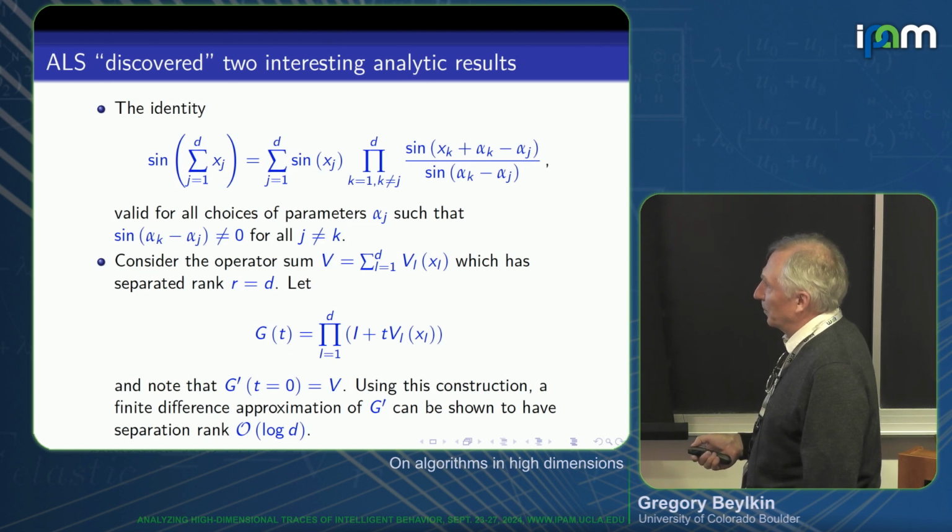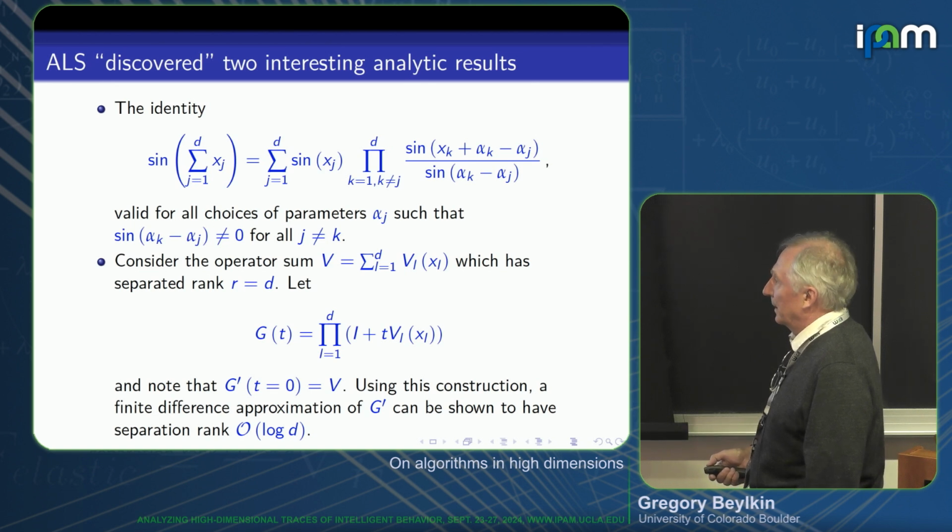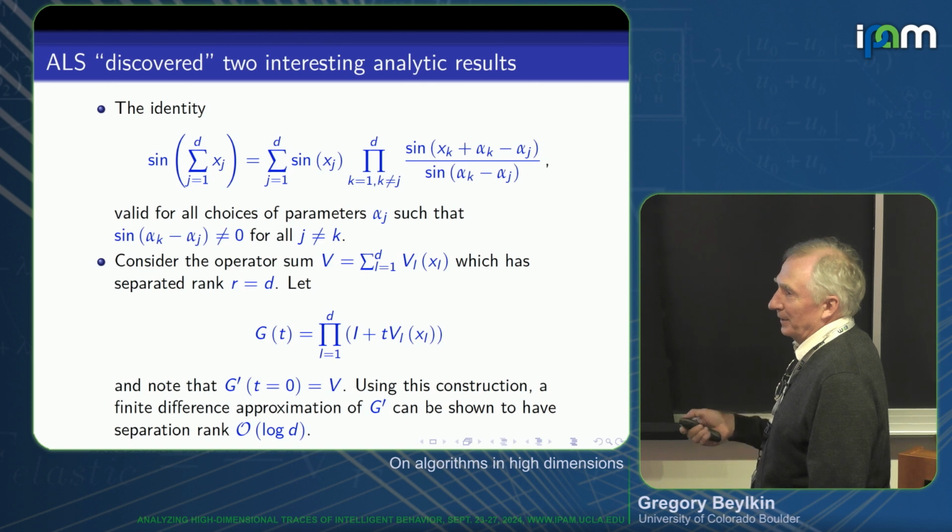Consider this function of one parameter, which is a product of this kind. You notice that the derivative at t equals 0 is exactly this. You differentiate, you see it. So you can use a finite difference approximation to this function at 0, and this will give you accuracy of about 10 to the minus 6. That's what we observed.